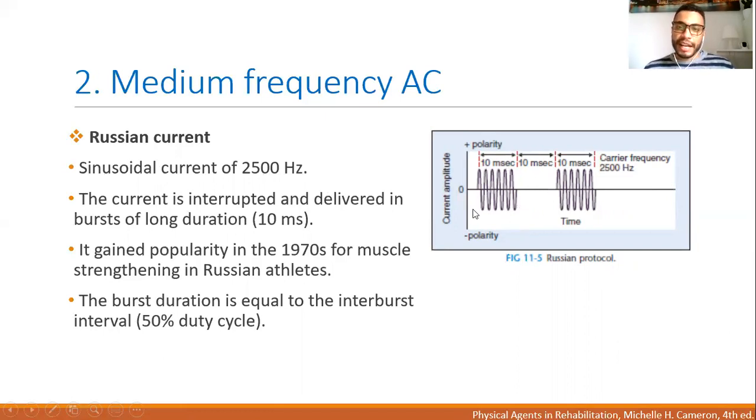A burst is like a package of current, which is delivered during a time frame, 10 milliseconds, for example, and then we have a pause of another 10 milliseconds, and then another burst is given again.